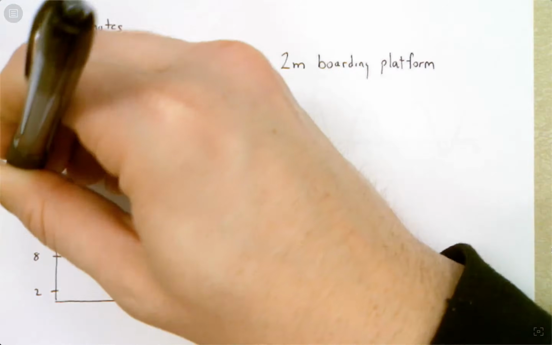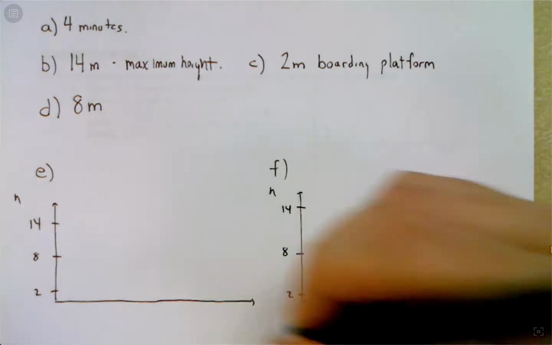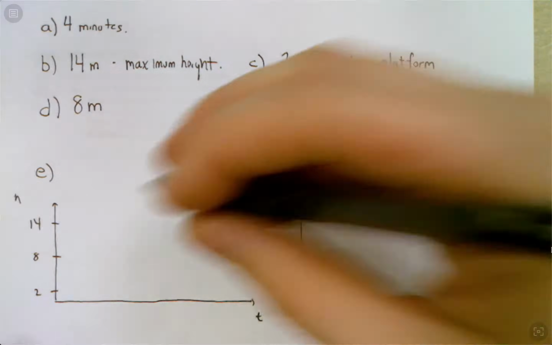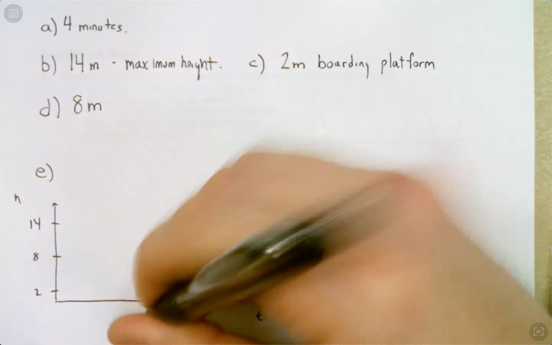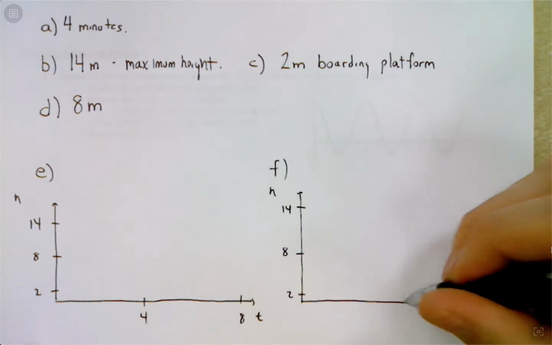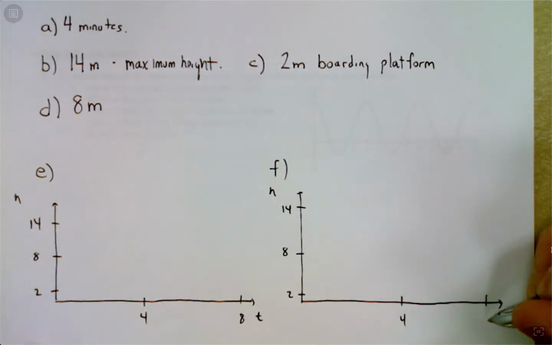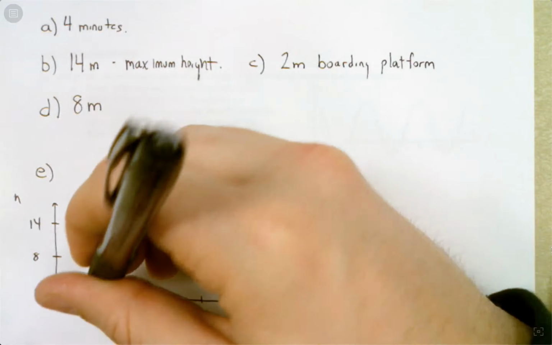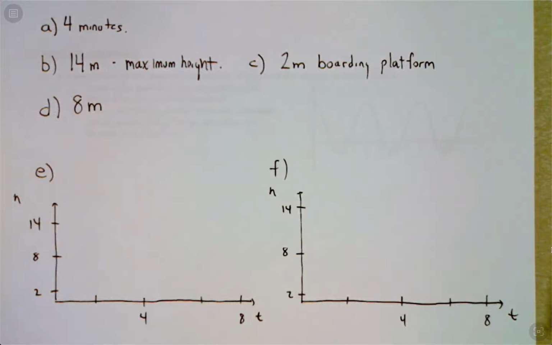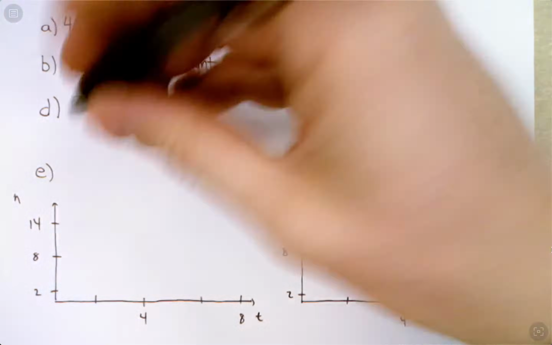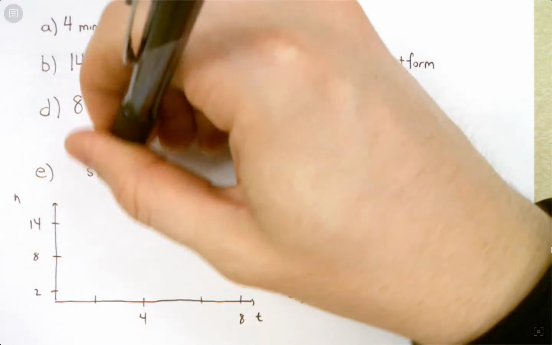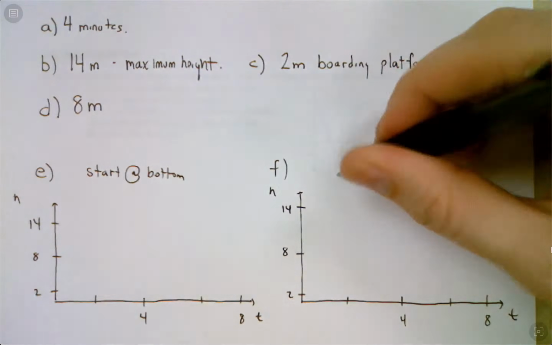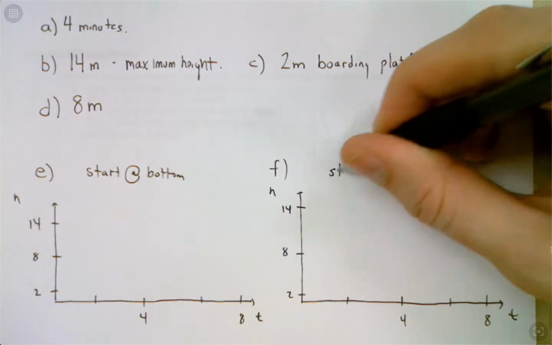These are our heights. Our times in minutes, we had 4, 8, and we had more, so here's 2 and 6. These are halfways. All right, and in E, we are starting at the bottom. And in F, we're going to start at the top.